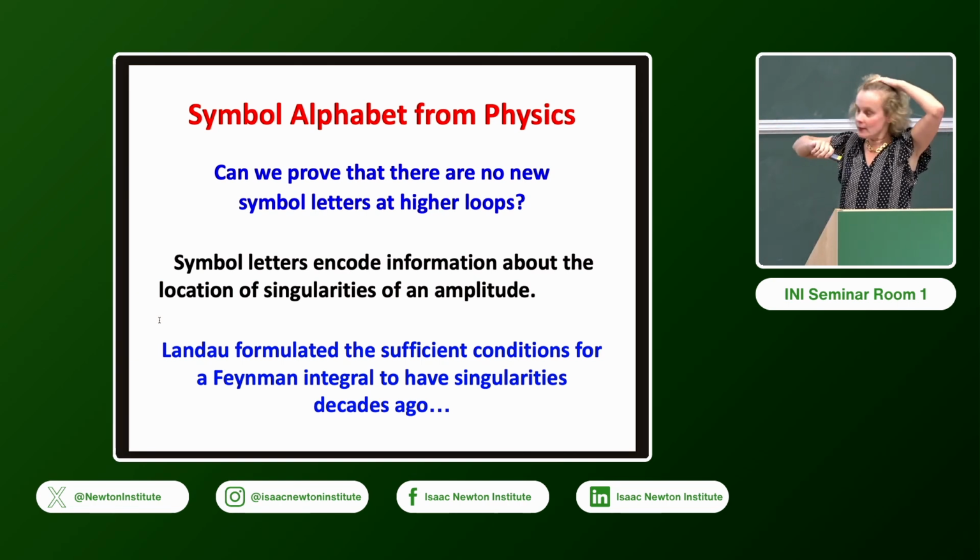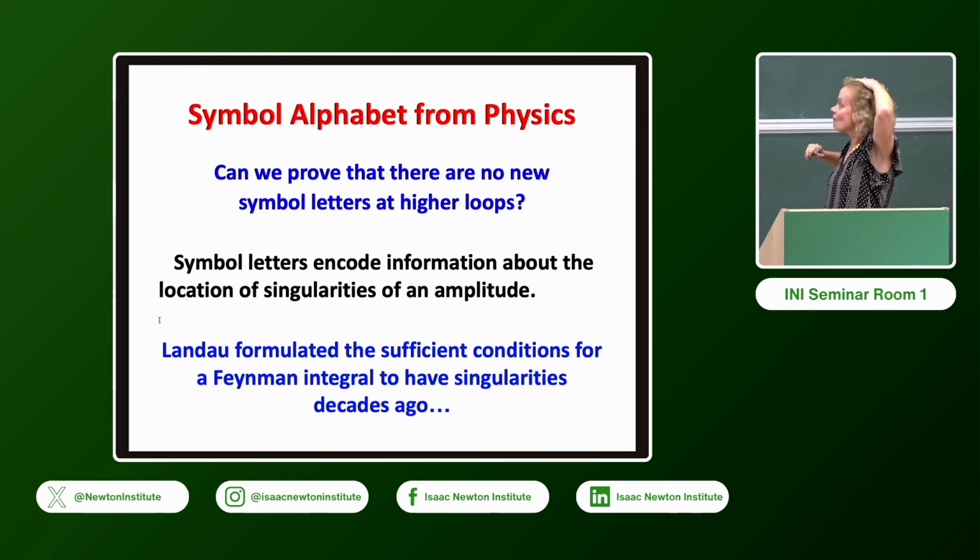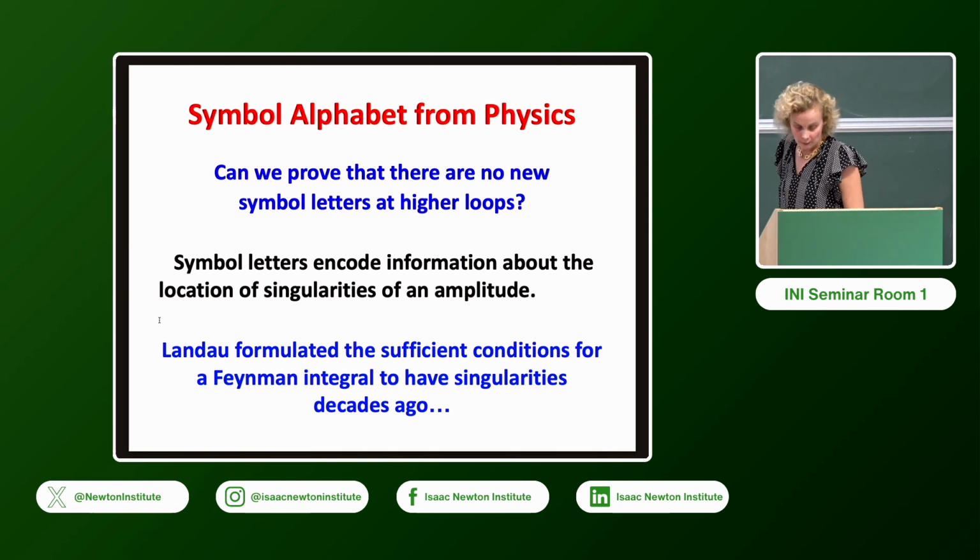For a long time we have wanted to have a derivation. We have data for 2 loops, and then there's a bootstrap ansatz, and people bootstrap it. But we would like to eventually have a proof that there are no other letters, for example. That's what I call the symbol alphabet from physics.